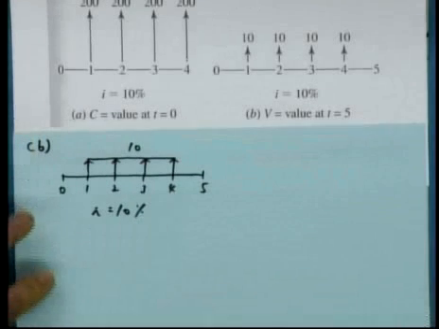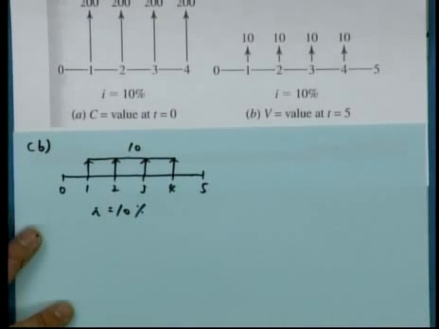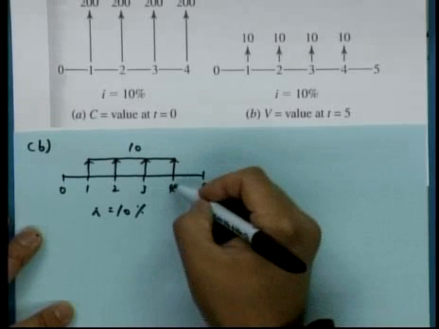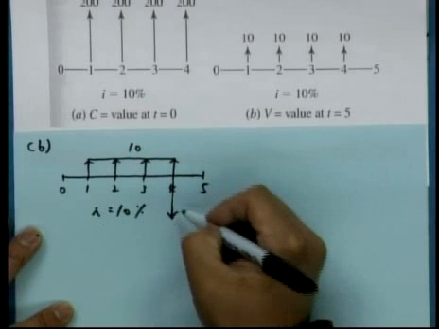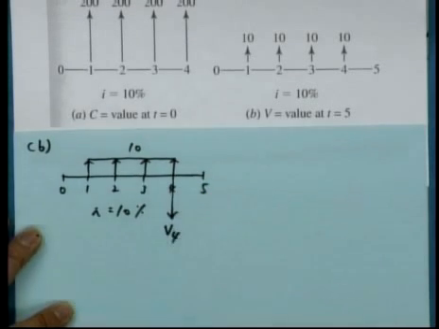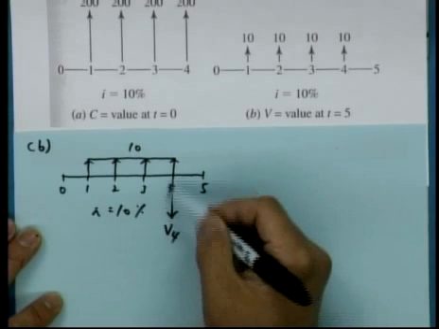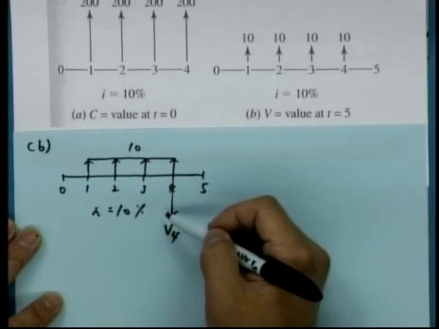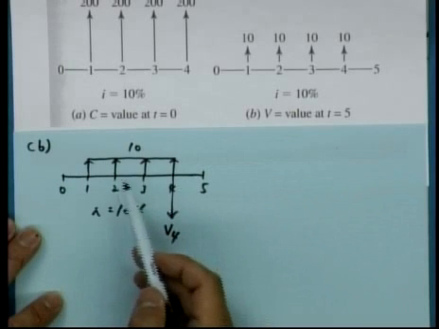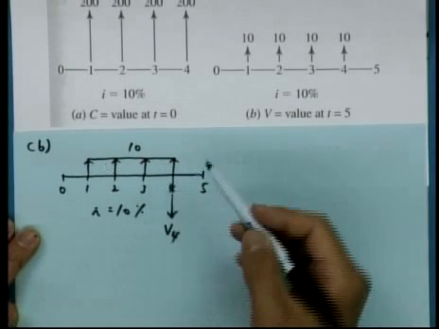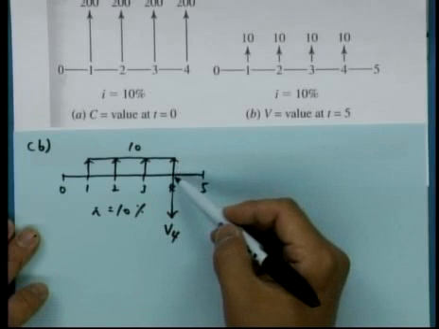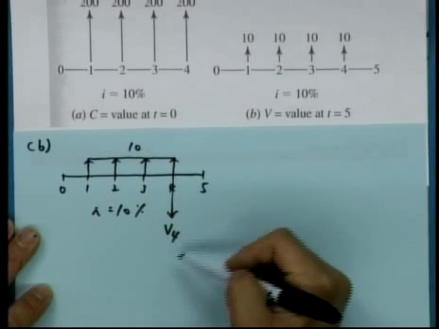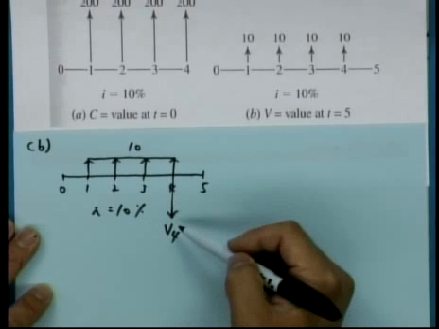10%. So if I say, let's say, V sub 4 occurs at the end of period 4, then the uniform series of 10 can be converted to an equivalent future sum of V sub 4.